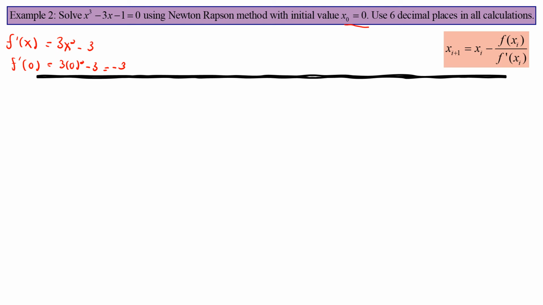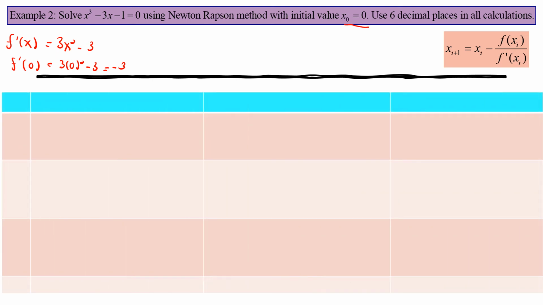Next, you construct a table. The first column is i, second is x_i, third is f(x_i), and then f prime of x_i.